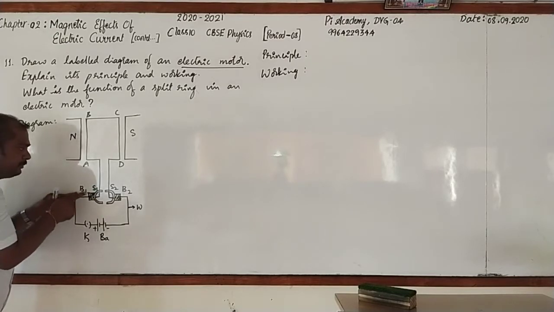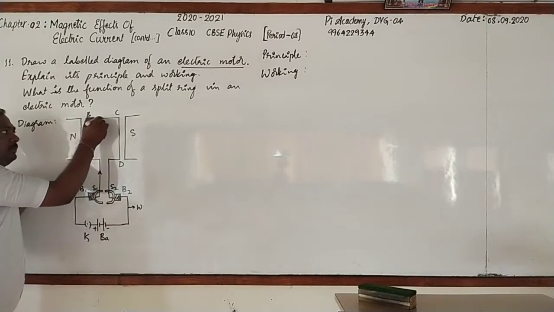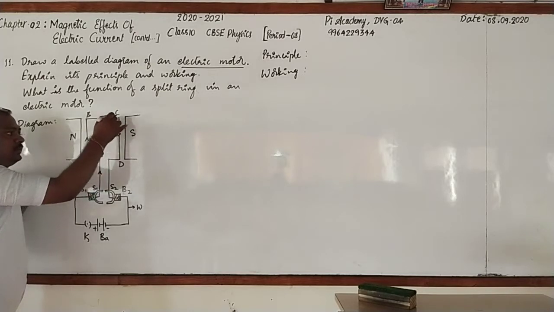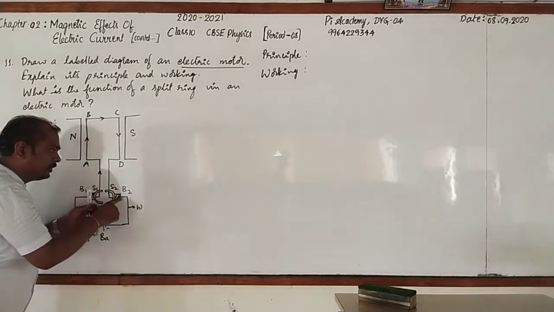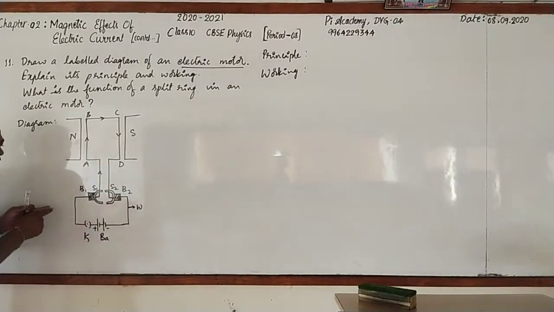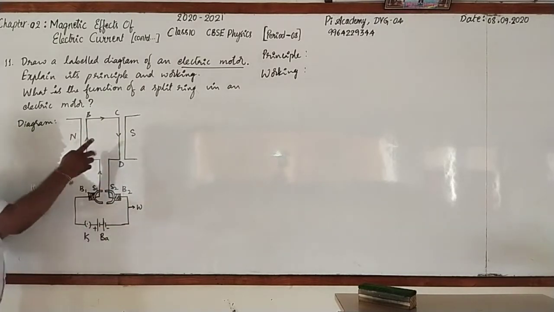Got it? From B1 it enters A, then the current flows from A to B, then B to C, then C to D. Next, after that what happens? Then the current comes to B2, then finally it comes to the negative terminal. Like this, it will go on flowing.